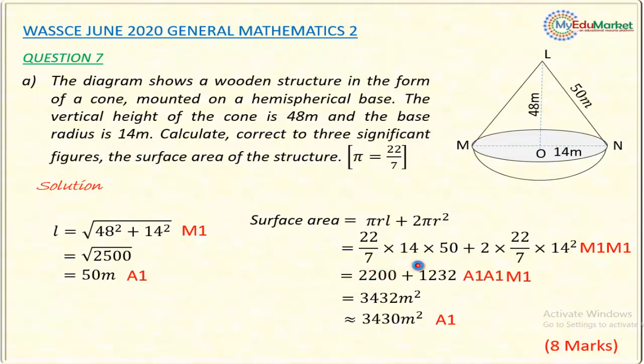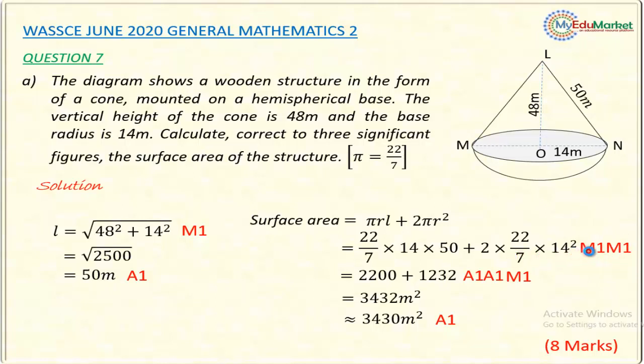Then for substituting in the formula for curved surface area of the cone, you have the first M1 mark here, and for substituting accurately in the formula for surface area of the hemisphere, you have the other M1 mark.